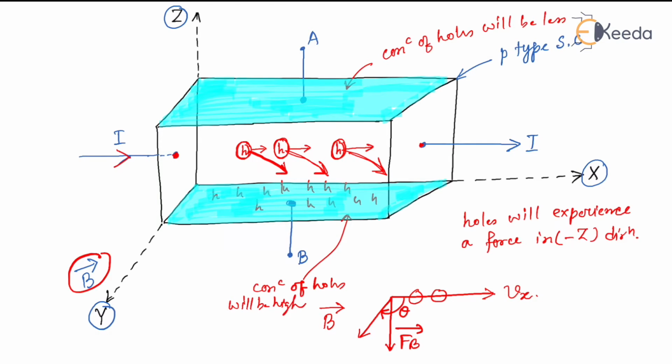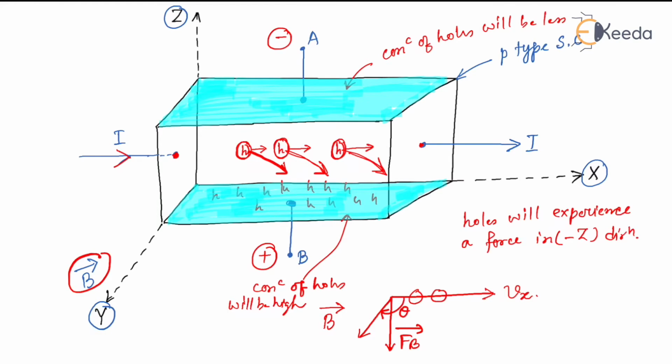That is why a positive polarity will be developed here and a negative polarity will be developed here. So, we will get a voltage across these A and B terminals.